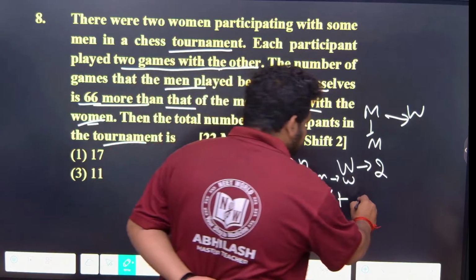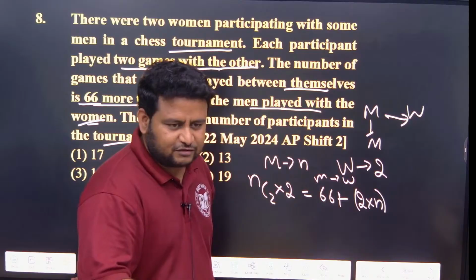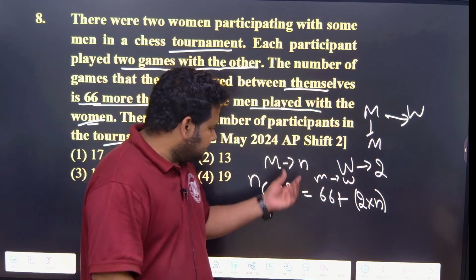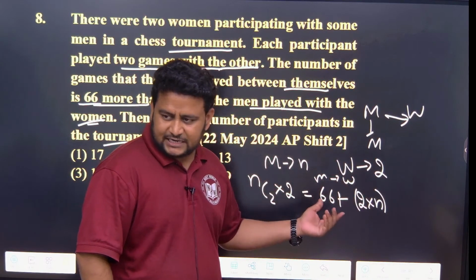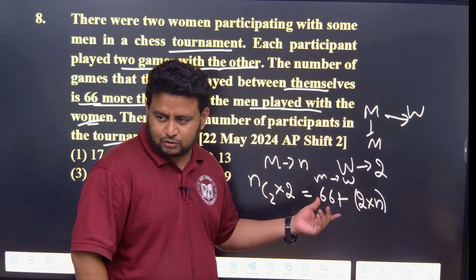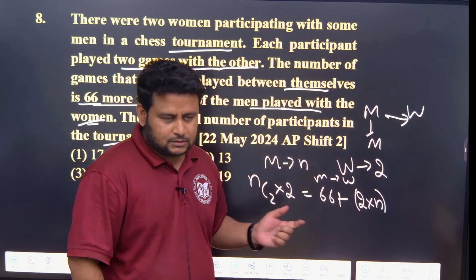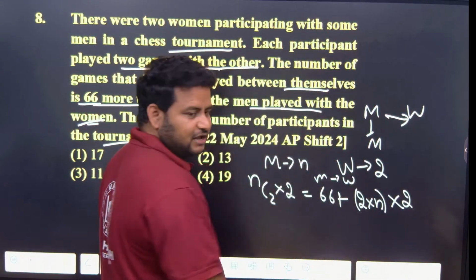So 2 into n games are played between men and women, but it is not one game, they play 2 games. So here also you should multiply by 2. Now if you solve this, you will get the value of n.